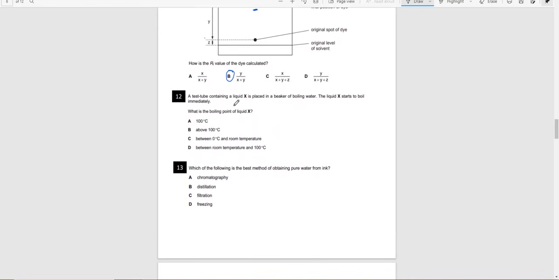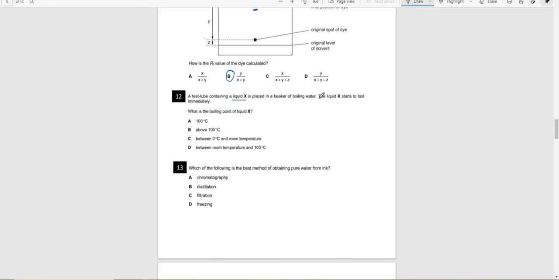A test tube containing a liquid X is placed in a beaker of boiling water. The liquid X starts to boil immediately. What is the boiling point of X? Since it started boiling immediately, and the test tube contains a liquid X, which means at room temperature X is a liquid, its boiling point is above room temperature.